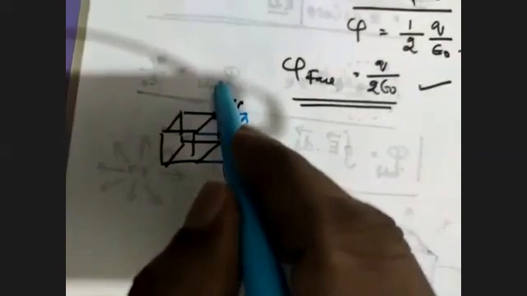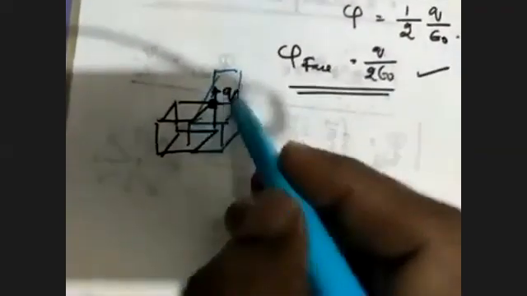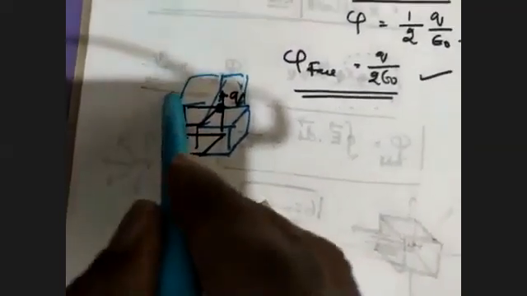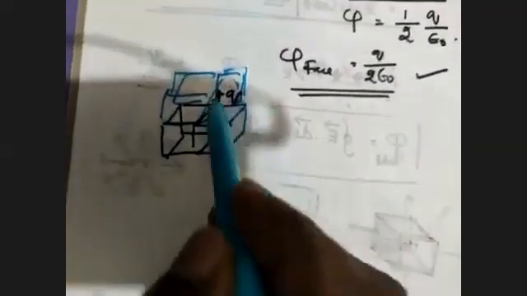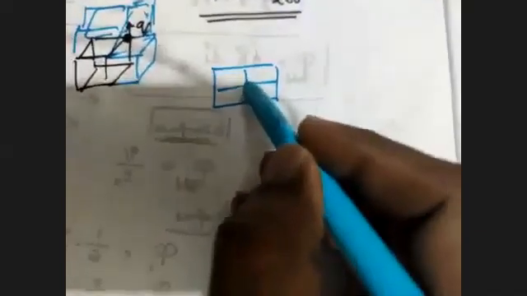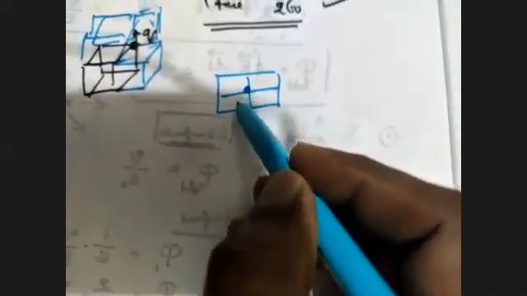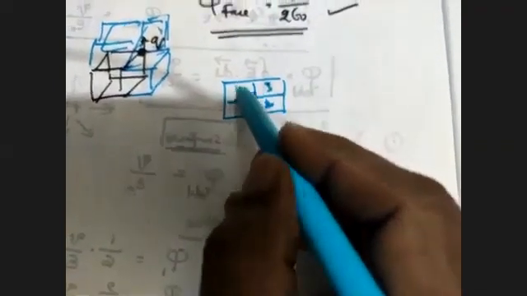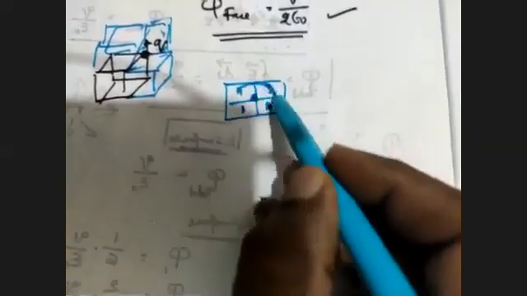Top, upside, one cube we have to place, and totally one. So total 4 cubes you have to place upside, so that the charge will be at the center. I think you have understood. 4 cubes I have to place at the top. So bottom, here the charge is there, first cube. So I placed 2, 3, 4. That means 3 cubes I placed.